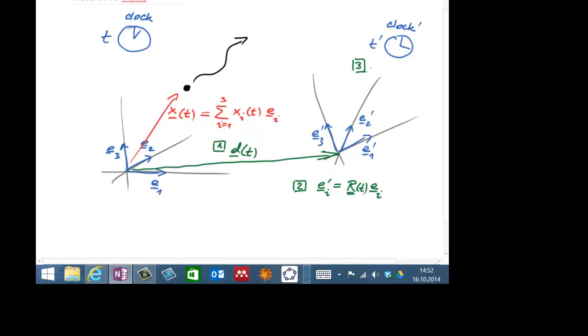So t prime is not equal to t, but is shifted with respect to my time by some time interval s. Okay, so this is the most general setting, and next I would like to understand, together with you, how we can translate motion in one frame to motion in the other frame.